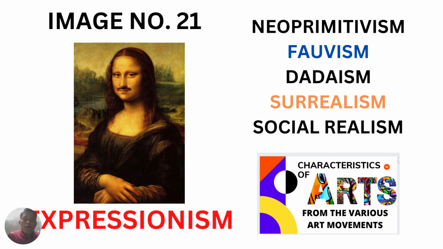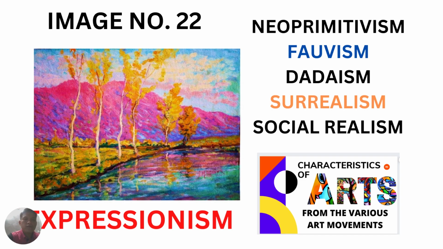Next, for number 21 to number 25, this is under the Expressionism art movement. You need to categorize whether the given image is under the Neo-Primitivism, Fauvism, Dadaism, Surrealism, or Social Realism. That is for the image number 21. Image number 22.